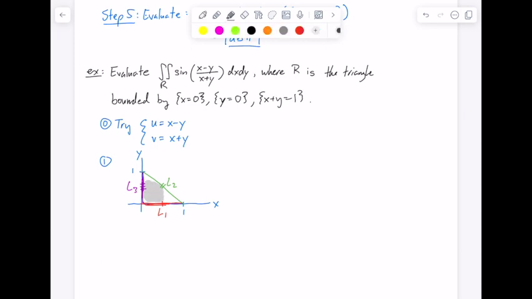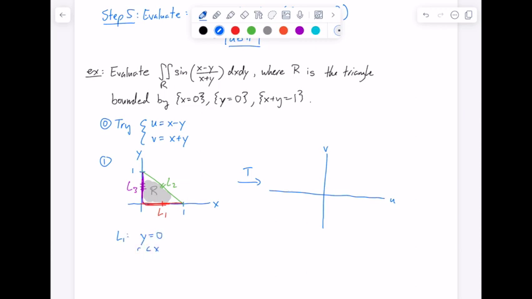Now, in order to figure out what the image of this is in the uv plane, let's systematically work through the equations for each of these segments on the boundary. First is L1, and its image in the uv plane.